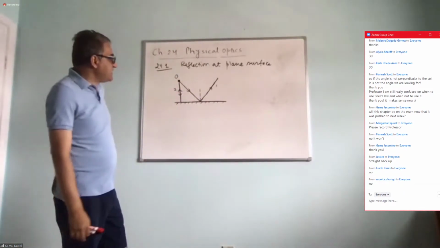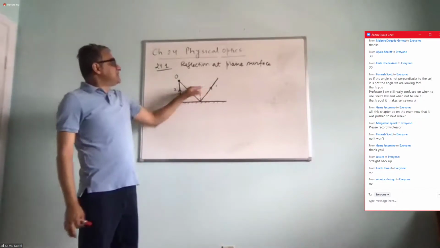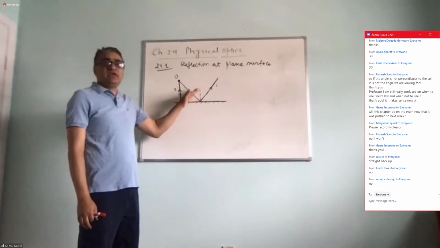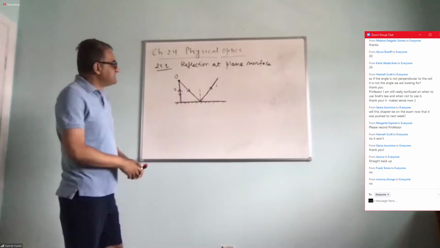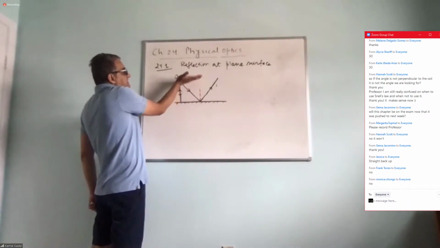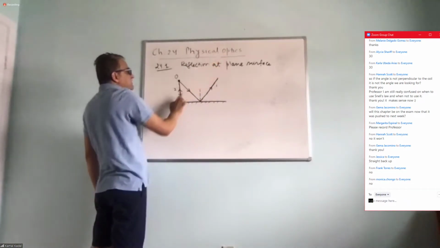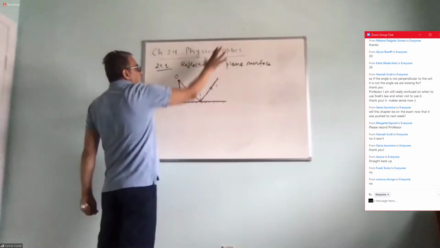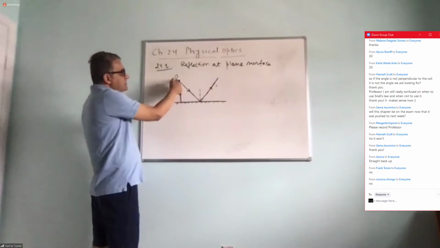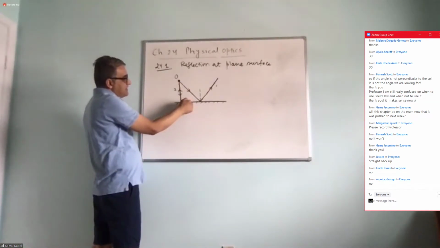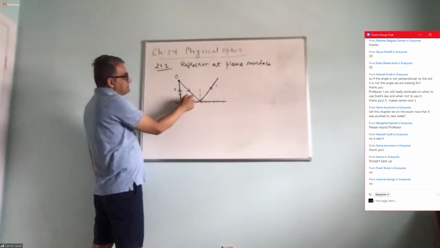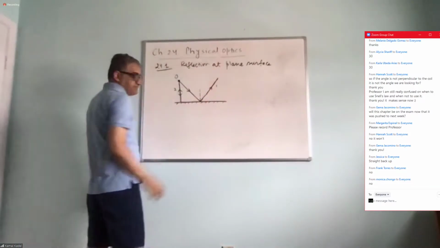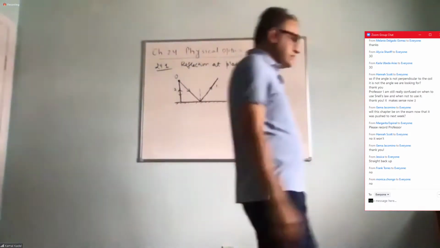No, right? So that means these are the real reflected rays. These real reflected rays cannot meet on this side because they are diverging. This goes like this, this goes like this, right? They cannot meet. You can draw another one, you see? You can draw another one here. And if you draw, then that will go like this. Again, they will not meet. I can show you another one, but you don't have to draw it.